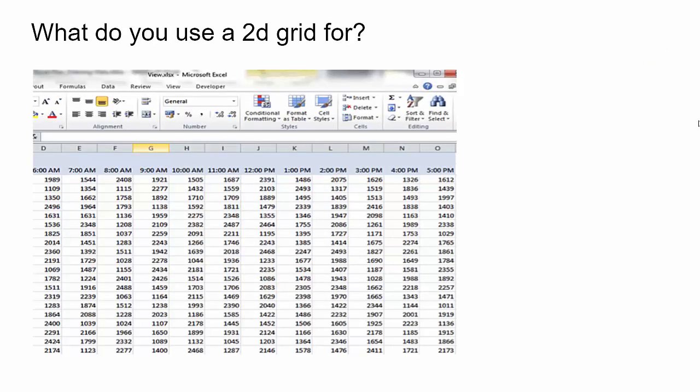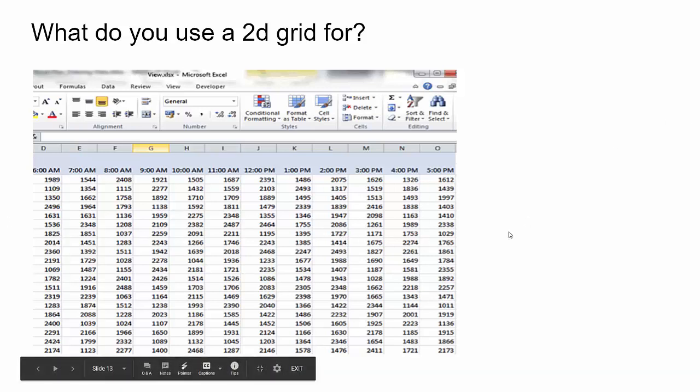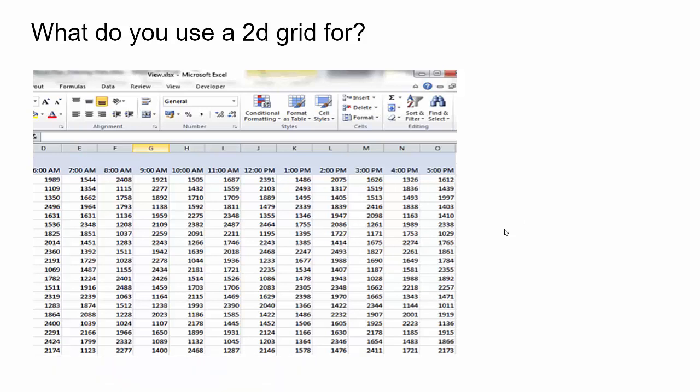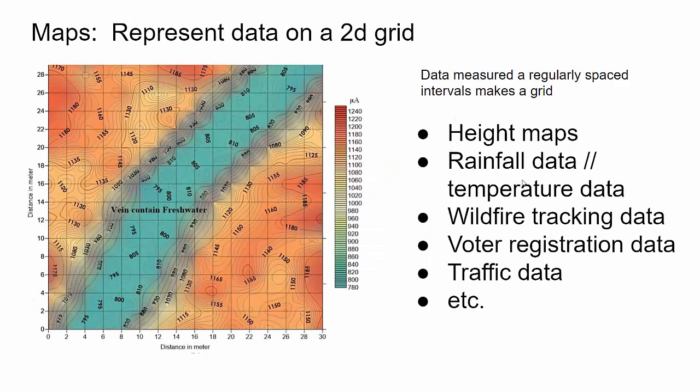All right, so why do you actually want a two-dimensional grid? Well, it's not an accident that spreadsheets look like a two-dimensional grid, and spreadsheets are used all the time in business. A lot of data is just easily organized as a 2D grid of values. But specifically, you could have map data. Whenever you measure information in regularly spaced intervals, that would make a grid.